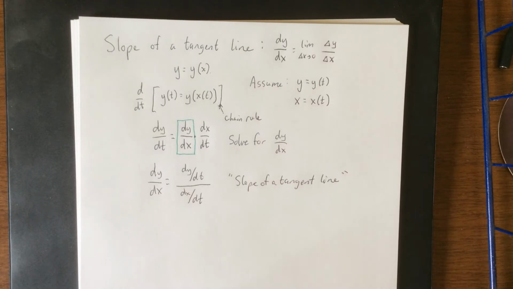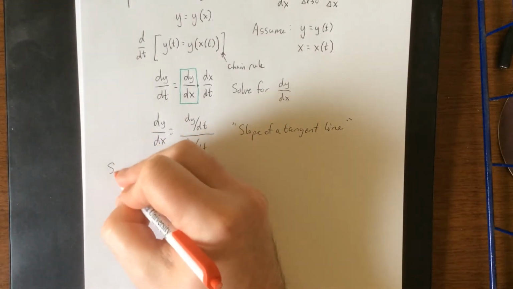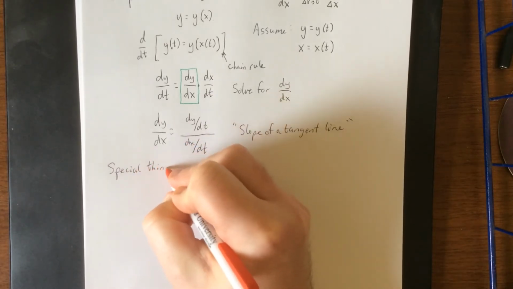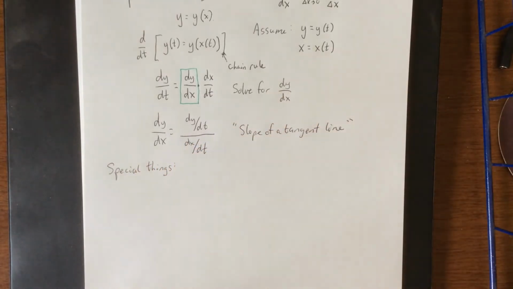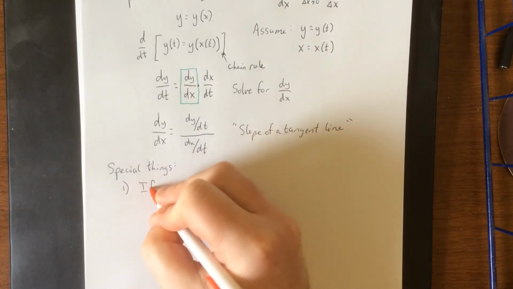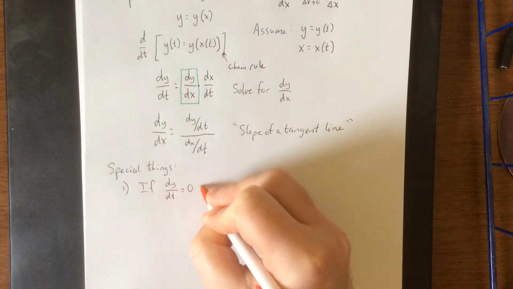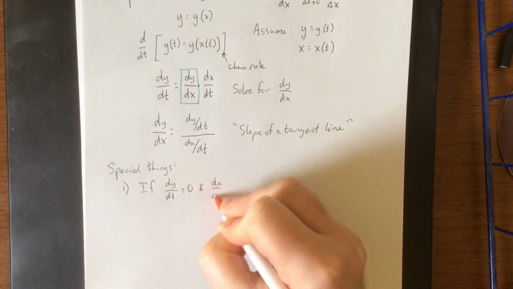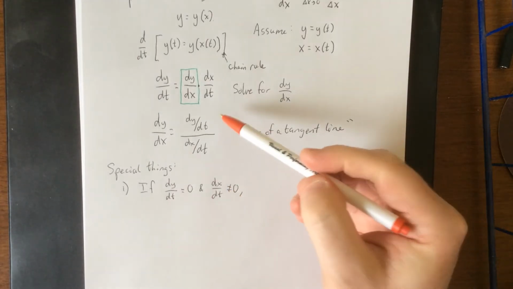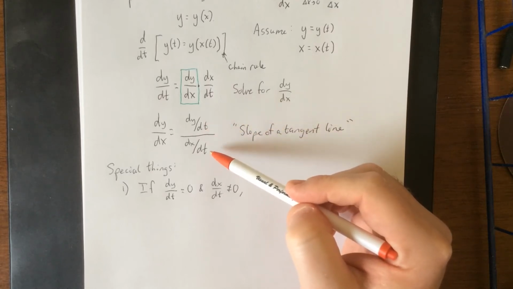However, there are a couple of special things that we can take out of this. So first, a special thing that we can get out of this is if dy over dt is equal to 0 and dx over dt is not equal to 0, then this fraction would take the form 0 divided by something that's not 0.